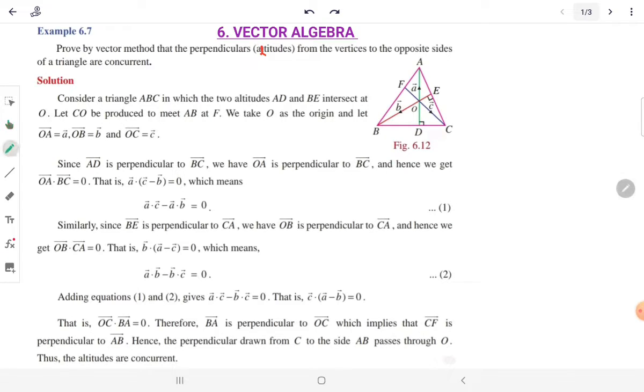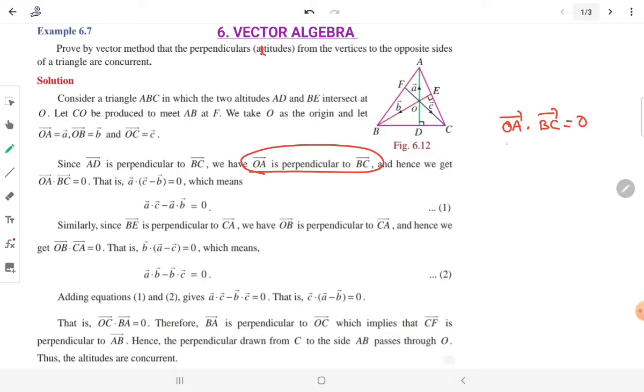Now if OA is perpendicular to BC, what do we know? If two vectors are perpendicular, the dot product is equal to 0. Since OA is perpendicular to BC, the dot product is nothing but 0.